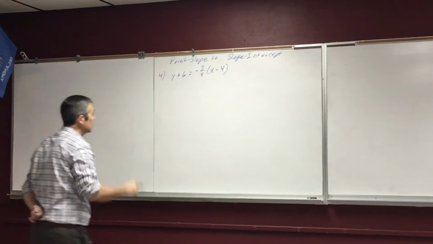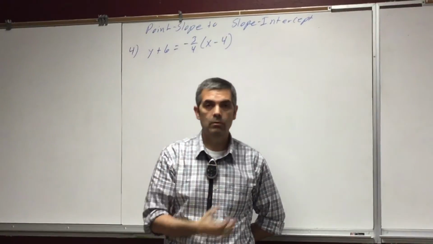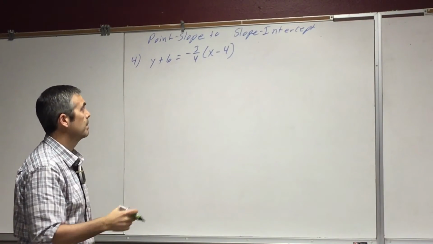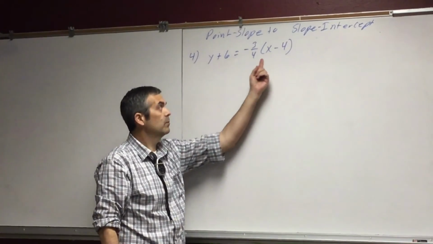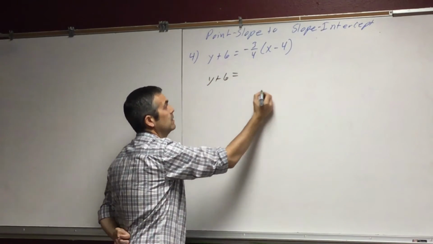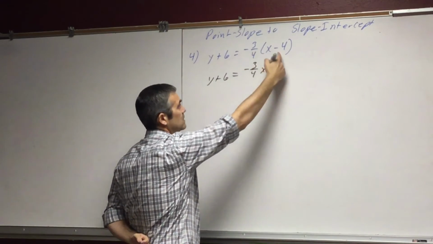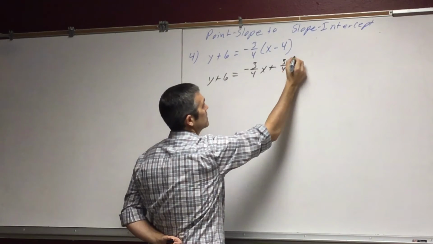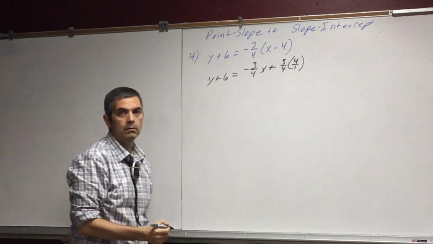Now, the last one we have is point slope to slope-intercept form. This is the one that we did yesterday, so you should be kind of familiar with this. We're just going to go through here. We're in point slope. We're going to distribute the negative 3/4 through. Y plus 6 equals negative 3/4 x plus, because the negative times the negative gets me a positive, 3/4 times 4, or 4/1, okay?